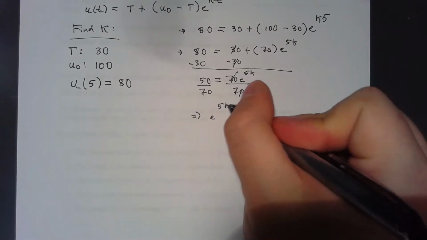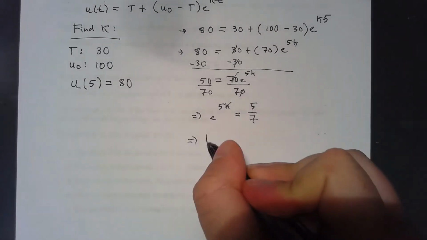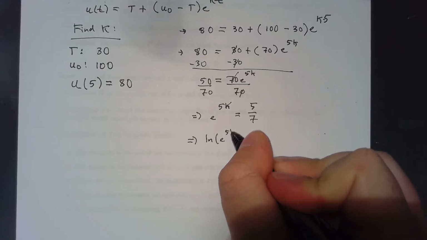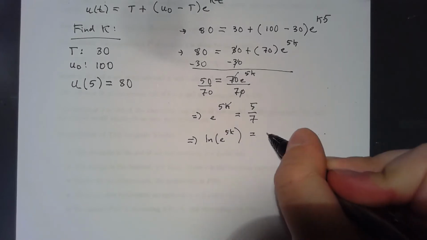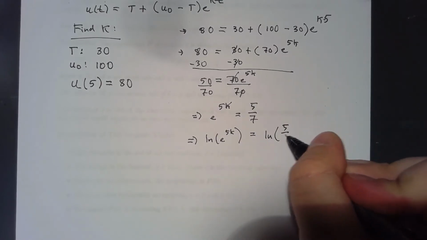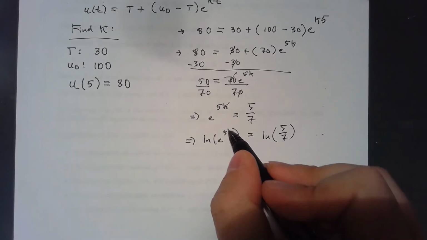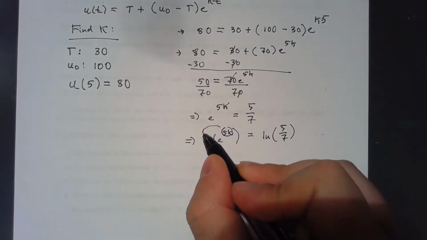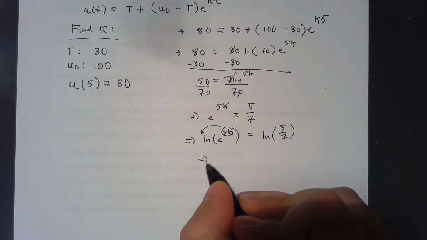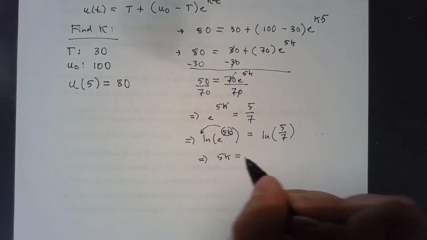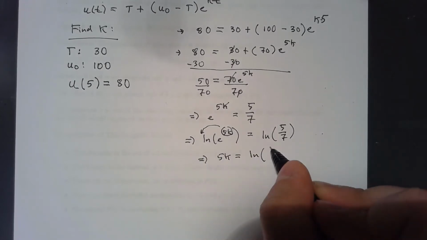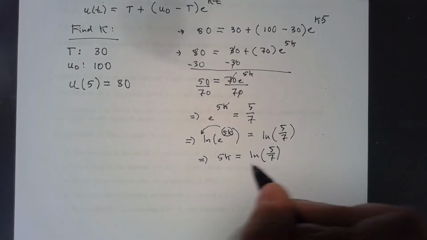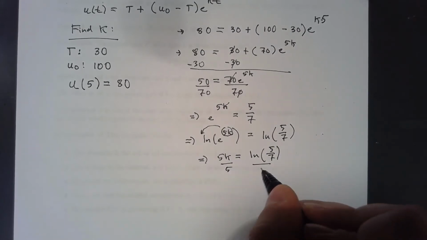Now from here it's the same process. Take the natural log of both sides. You could bring the 5k out front. The ln and e cancel out, so you're left with 5k equals ln of 5/7. Divide both sides by 5.